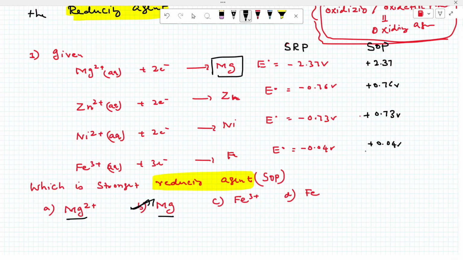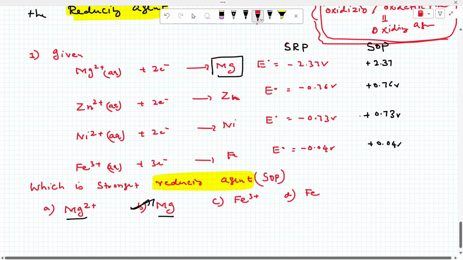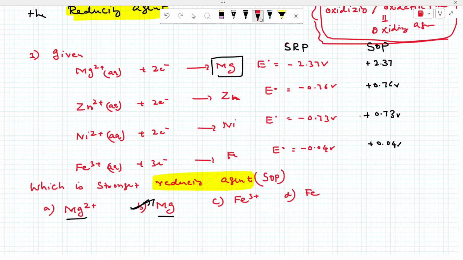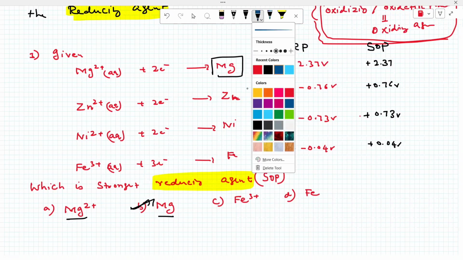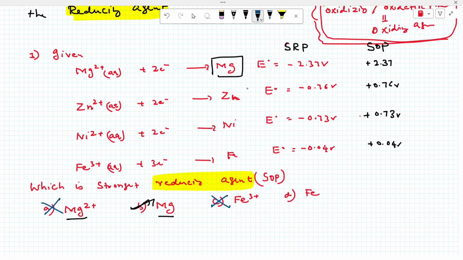There is some confusion, right? So remember magnesium 2 plus. If you change this value, the SRP and SOP convert and the reaction gets reversed. Vani, why is magnesium 2 plus not possible? Anyone tell me? Why is magnesium 2 plus not possible? It won't come, and Fe3 plus won't come either, because a reducing agent undergoes oxidation.